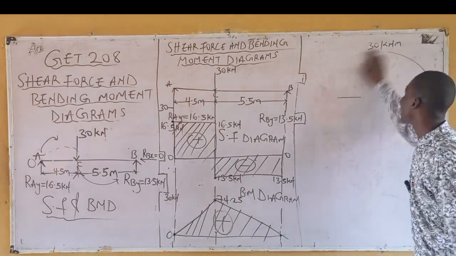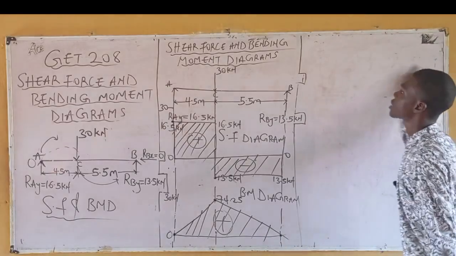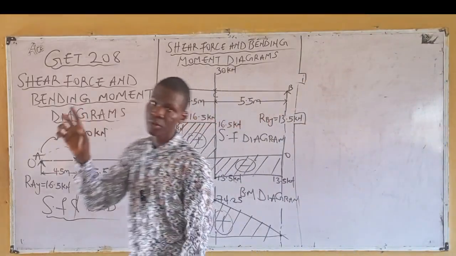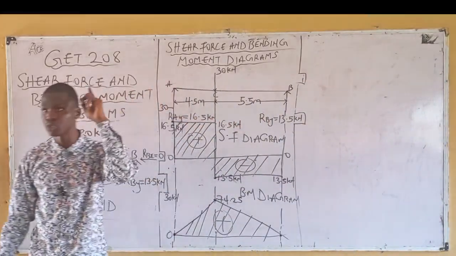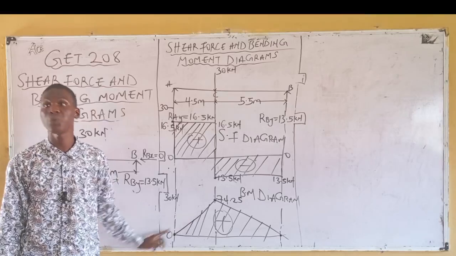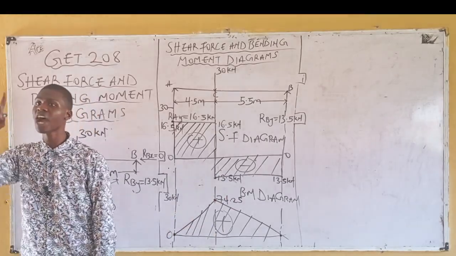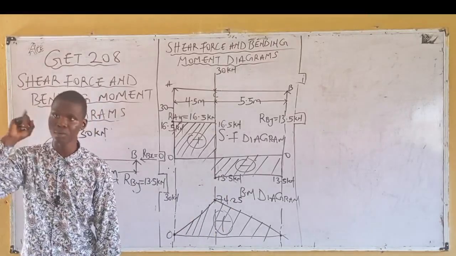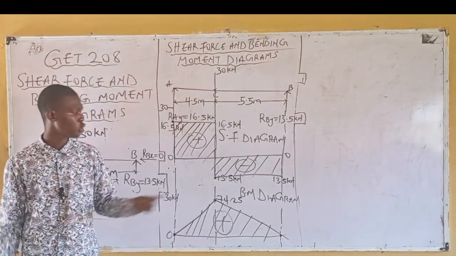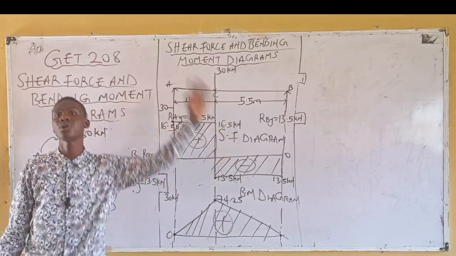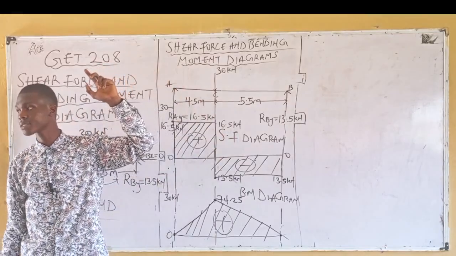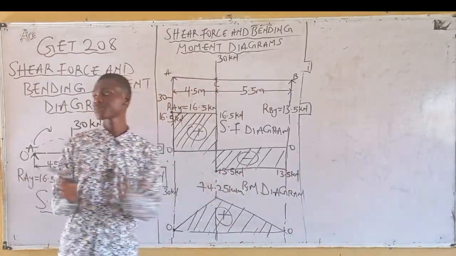So the answer to that is that if you have a simply supported beam loaded with a point load, this is your bending moment. Your bending moment is always in triangle form. But if you have your simply supported beam loaded with a UDL, your bending moment is going to be parabolic in nature. Any questions so far? No question.